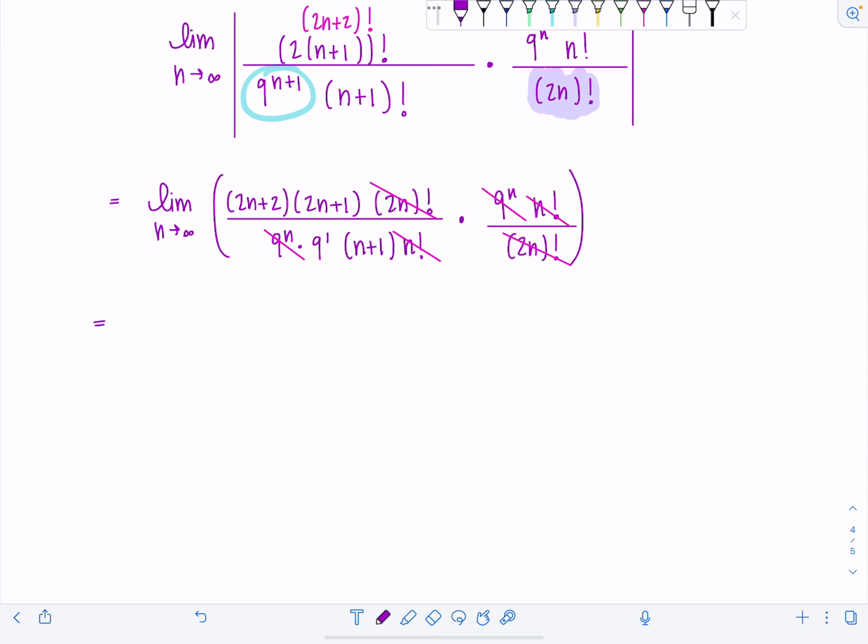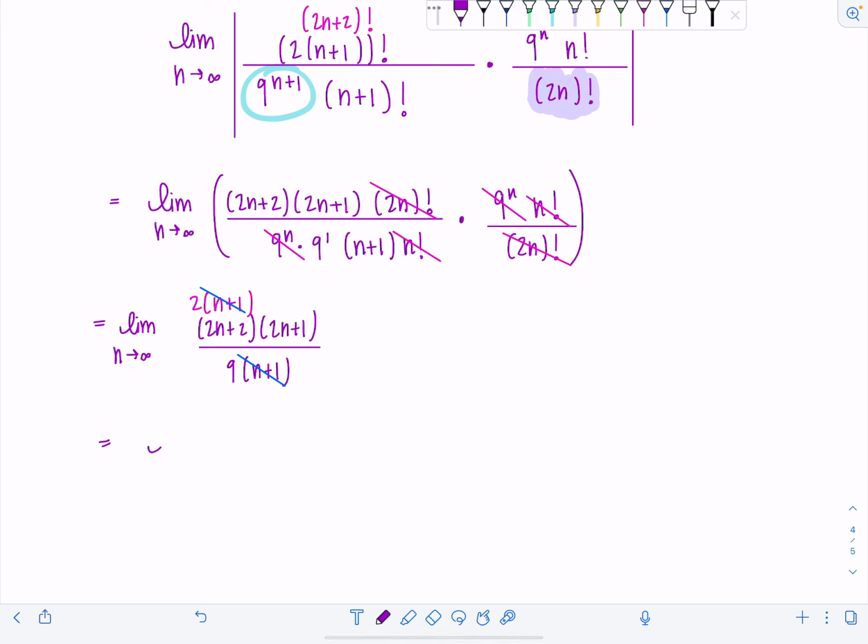So now we have the limit as n approaches infinity. We have 2n plus 2 times 2n plus 1 over 9 times n plus 1. I notice here this is 2 times n plus 1, right? 2n plus 2. So I can cancel out this n plus 1.